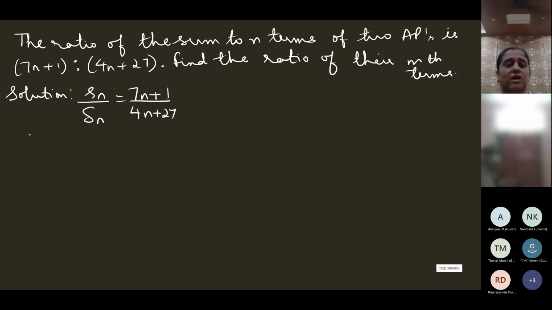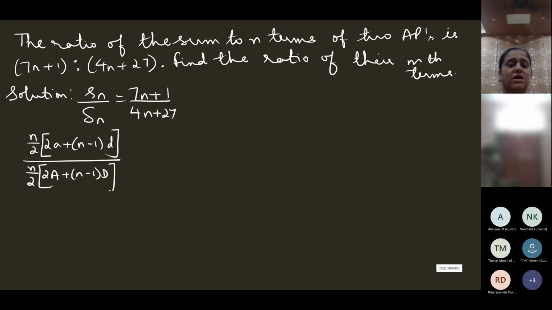Yes, ma'am, all small letters. n by 2 of 2a plus n minus 1 into d. Denominator? Capital letters. n will be n only, right? Yes, ma'am. Capital A, n, capital D. Very good.